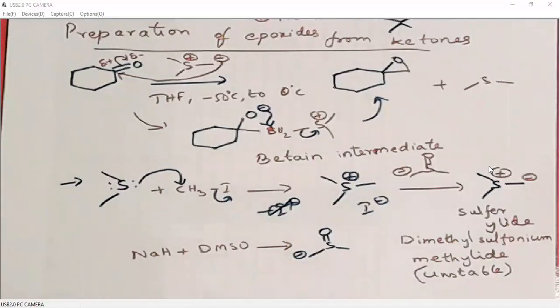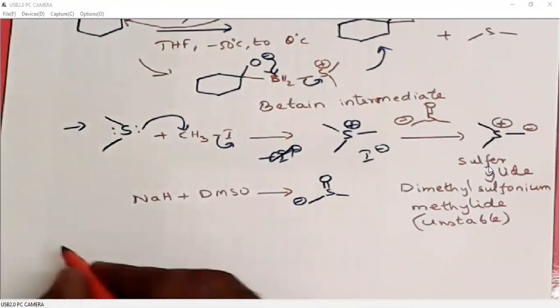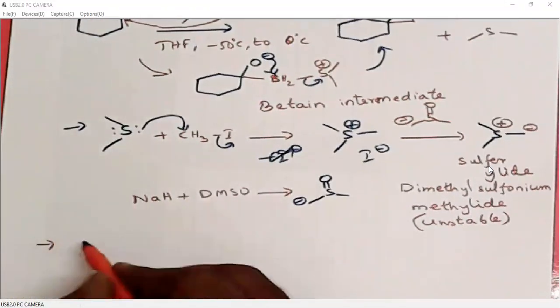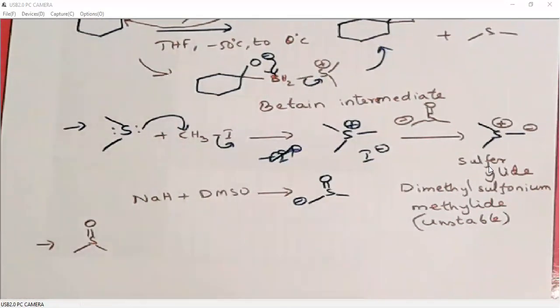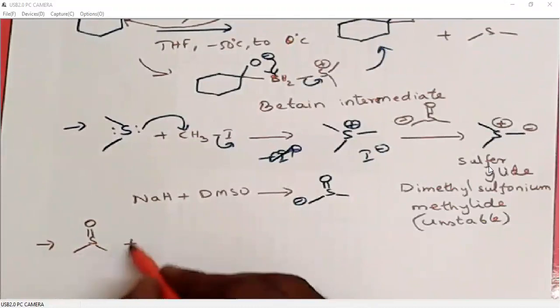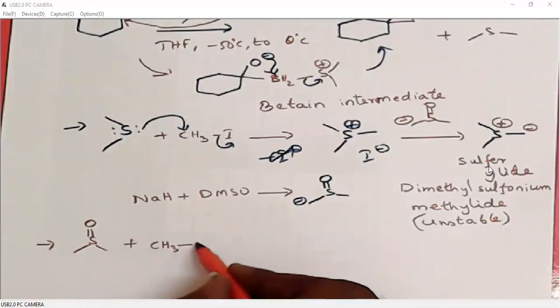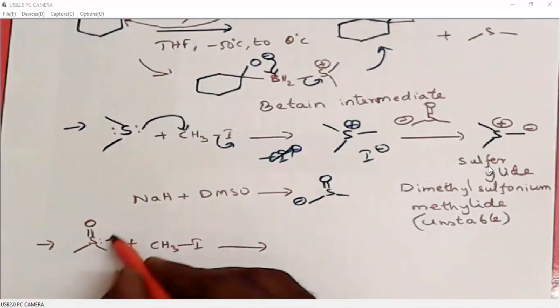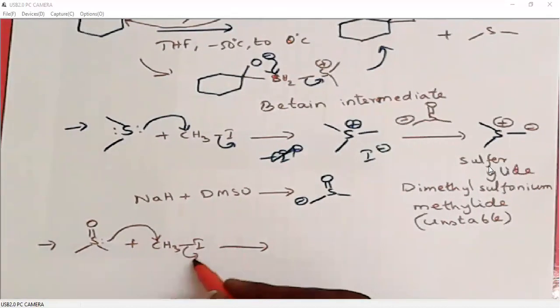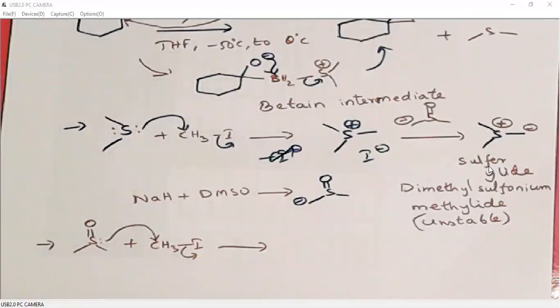I'll also tell you the preparation of one more reagent. If we start the same procedure with DMSO, take DMSO and do methylation. Again, sulfur is nucleophilic in nature, so it can be methylated.